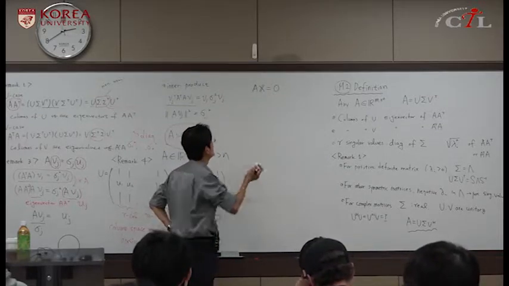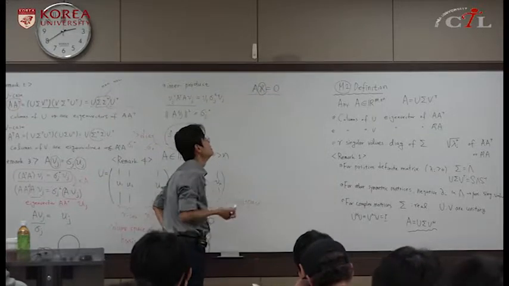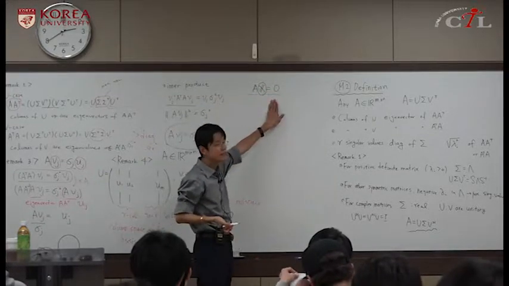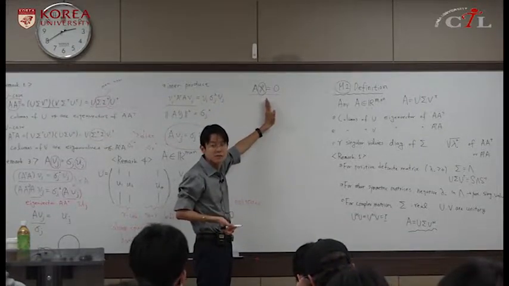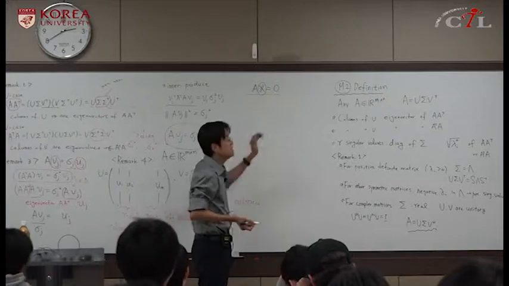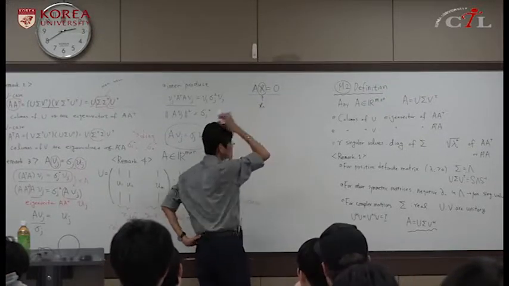Then, what's the X? If something is written like this, what's the X? X is basically the null space, right? If I give any null space vector xn, then it will go to 0.